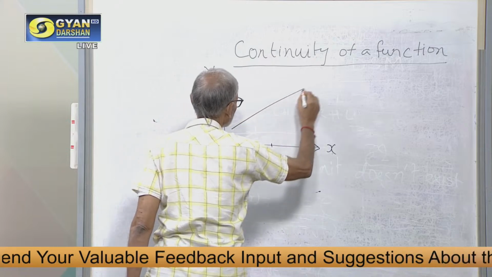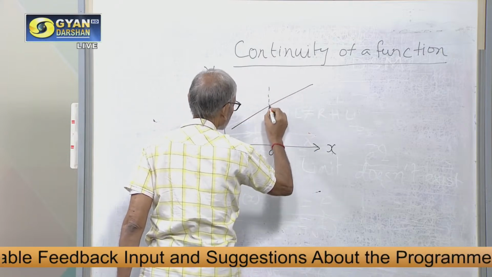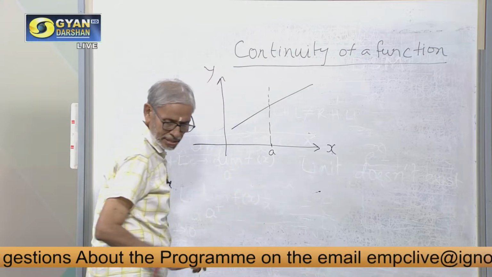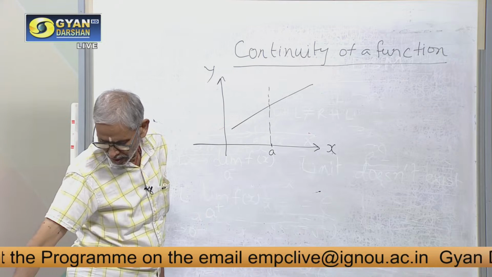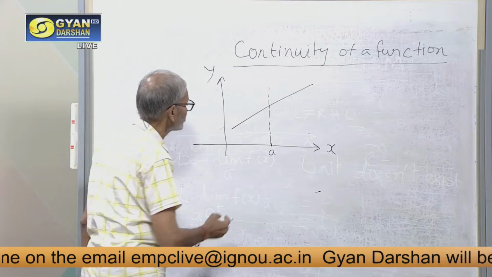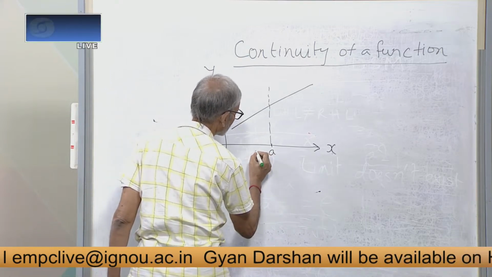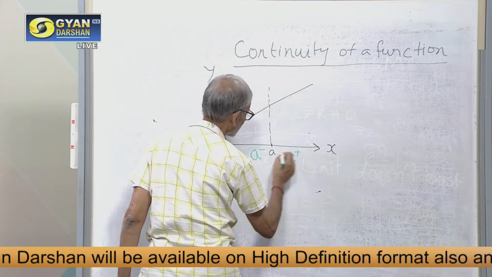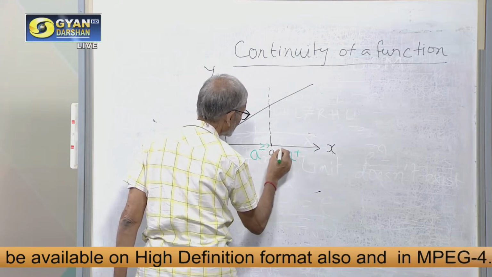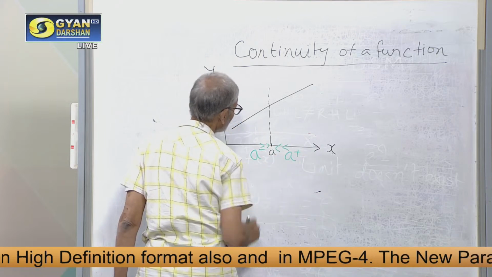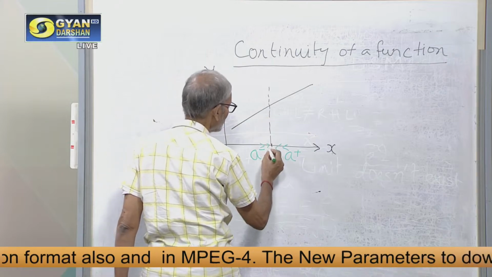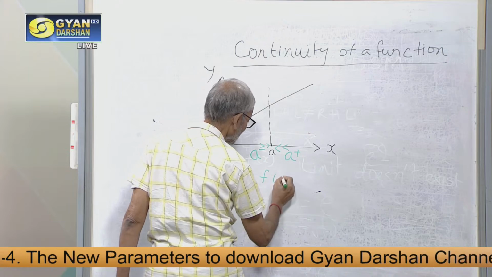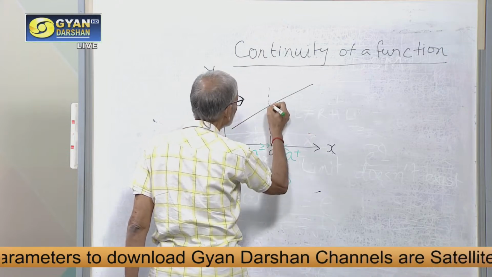So, suppose this is the function and let us say this is a minus, this is a plus. We are approaching here from this side and we are approaching here from this side. But what is the value at point A, f a? This is not defined.